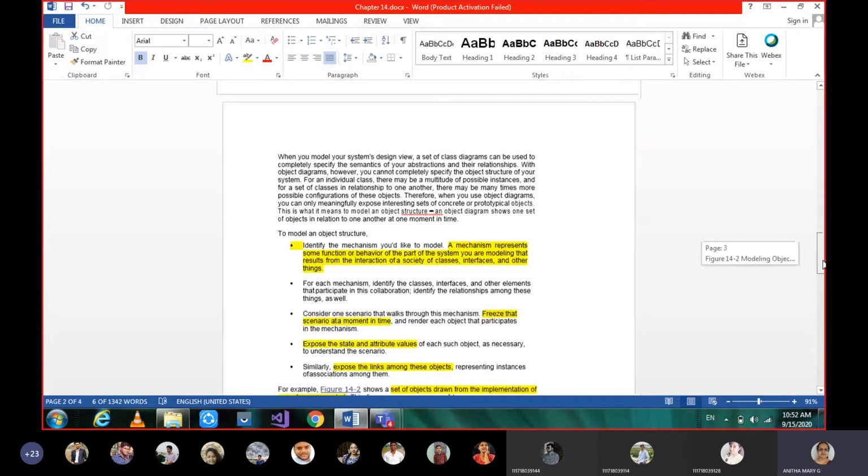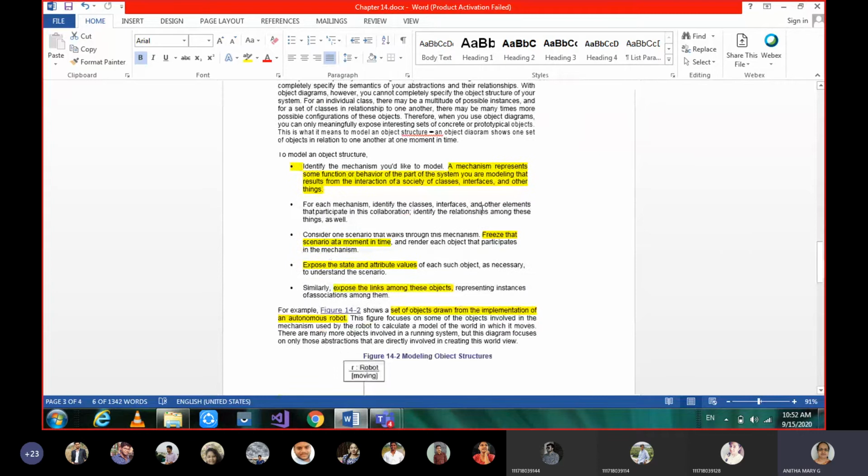Before we see how to model the object structure, first we need to identify a few things. A mechanism represents some functional behavior or part of the system you are modeling. So what exactly that system is having, what its behavior is, what it is doing, what the classes and interfaces are.